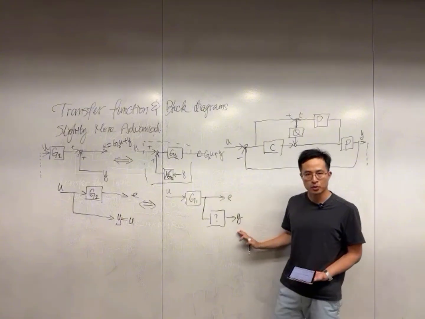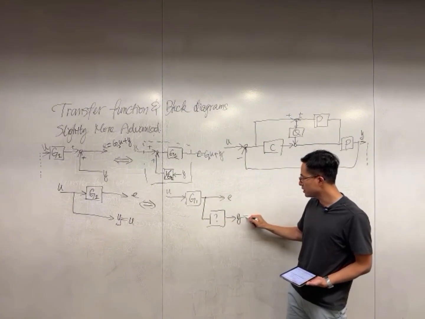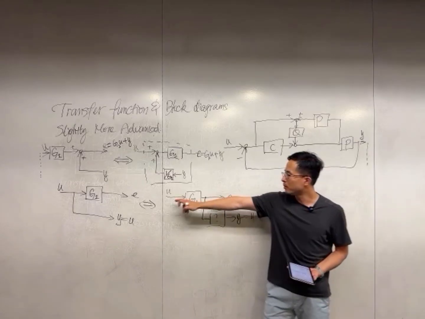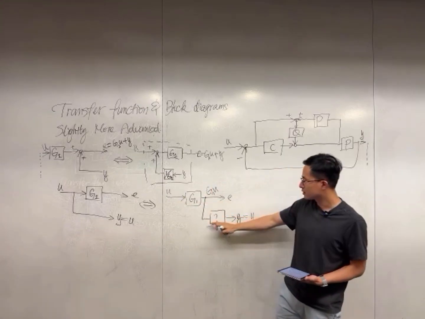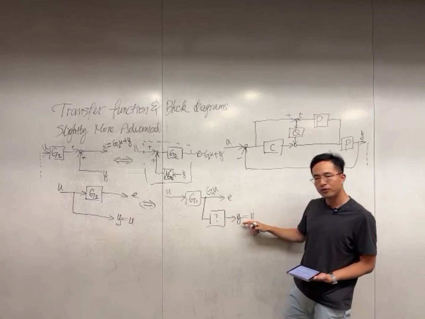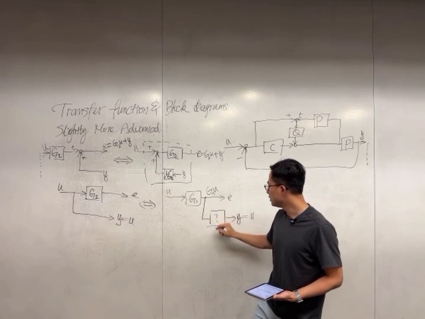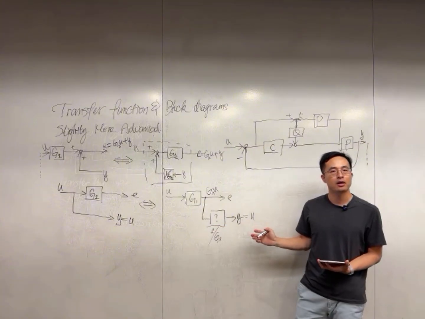And then get the output Y. So what should be the block such that I still get Y equal to U? So U passes through here to become G1U, and then you pass through here. In order for Y to be equal to U, you should have 1 over G1. So that's how you move a pickoff point.